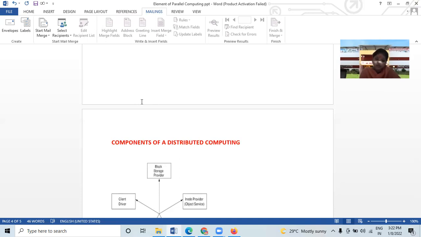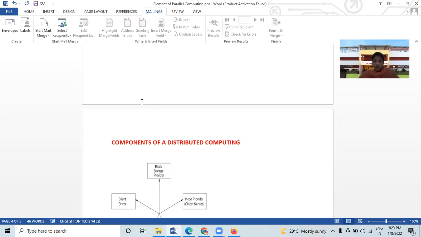Together, these two layers become a platform above which special software is deployed to turn a set of network computers into a distributed system. So the operating system is a layer.